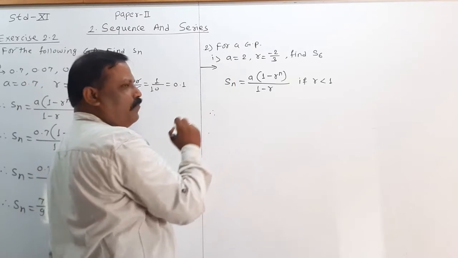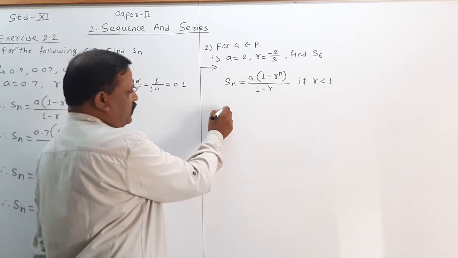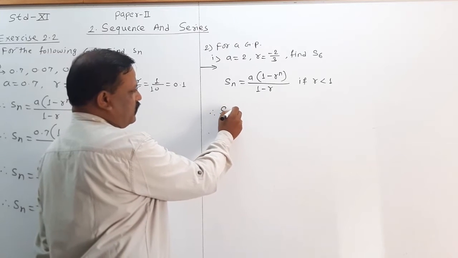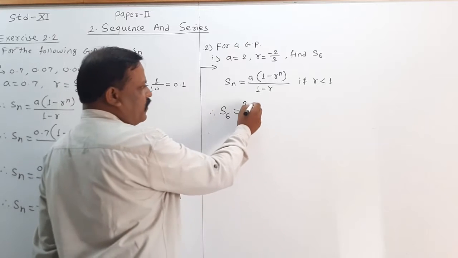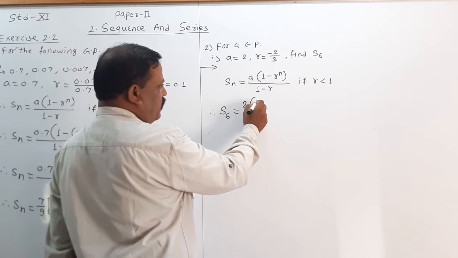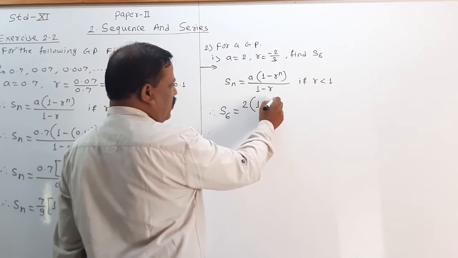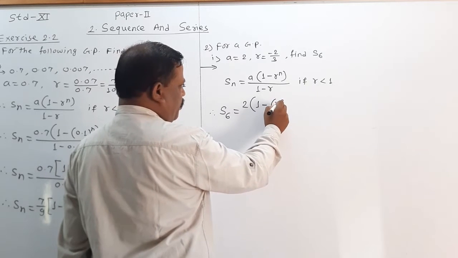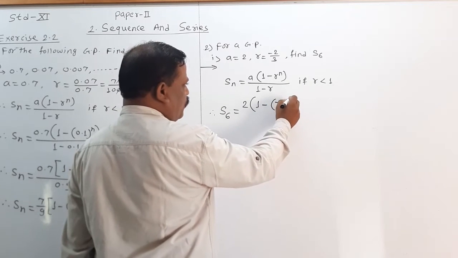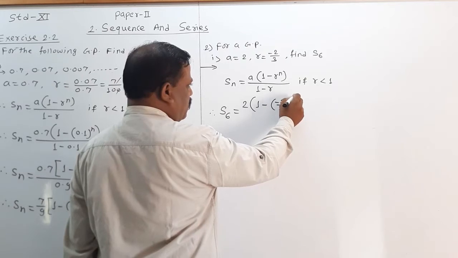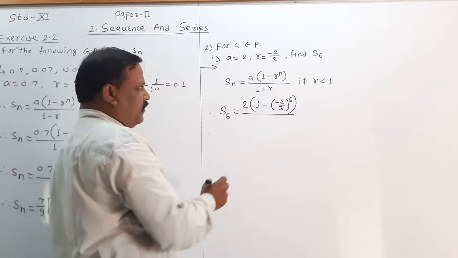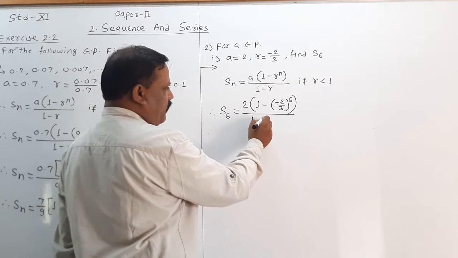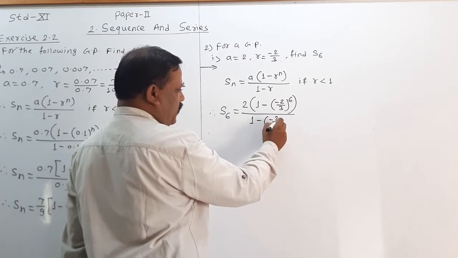Now put in all the values. S6 equal to the first term 2 into the bracket 1 minus r, that is minus 2 upon 3, raised to 6, bracket completed, divided by 1 minus of minus 2 by 3.